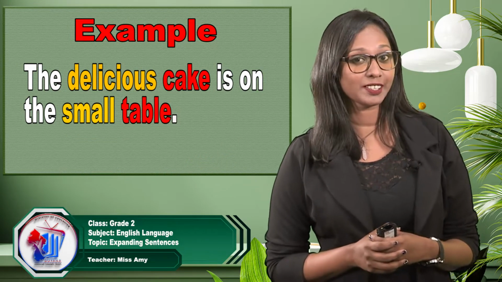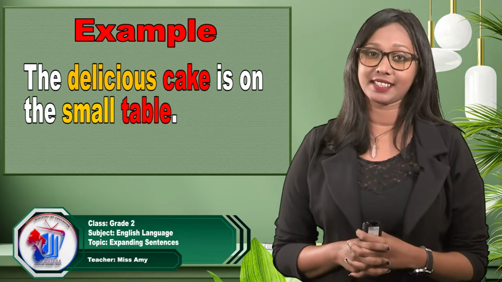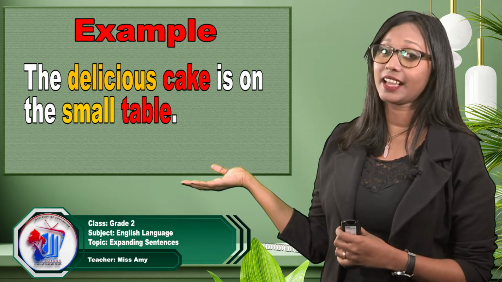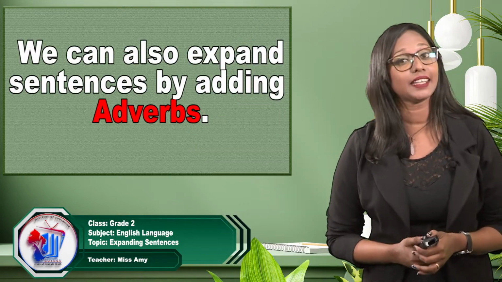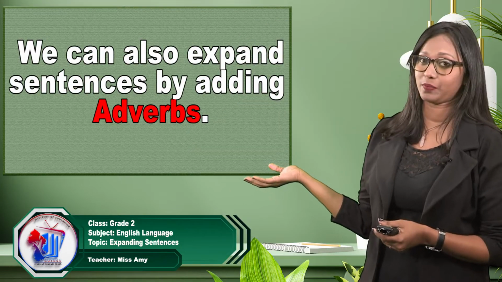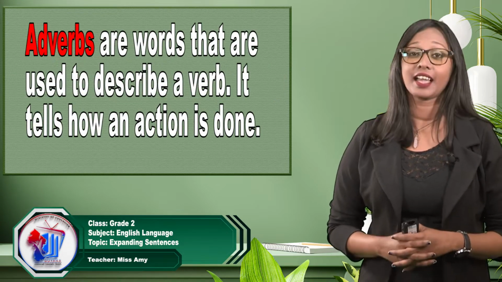Okay, boys and girls? So one way of expanding a sentence is by adding adjectives. Now I have another way that we can expand a sentence. Another way is by adding adverbs. Now, what are adverbs, boys and girls?